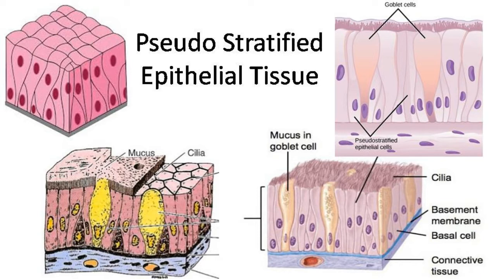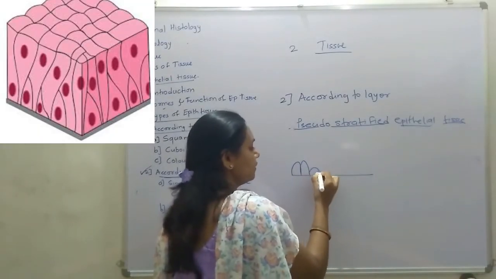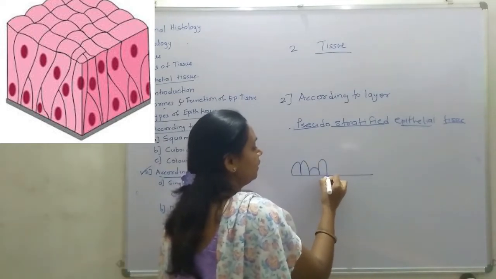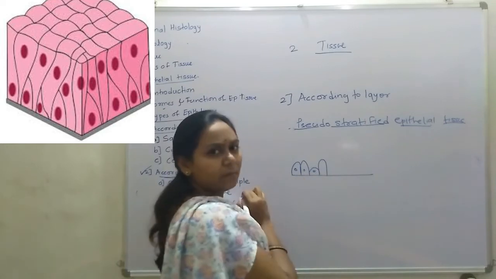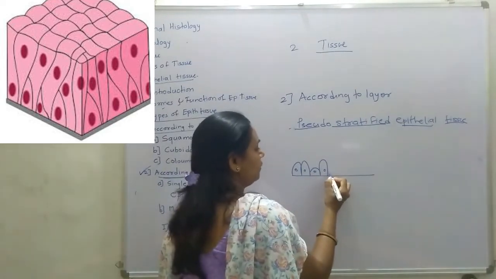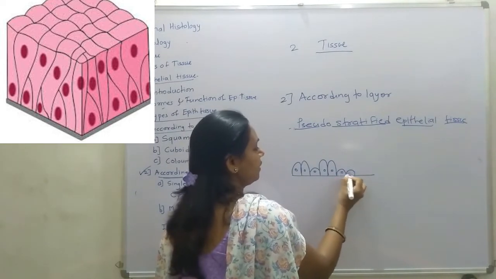So what is pseudo? Pseudo means on the basement membrane there is presence of some columnar cells, some epithelial cells. Then again these are the columnar cells. This is the squamous cells. Then again columnar cells. Again squamous epithelial cell.